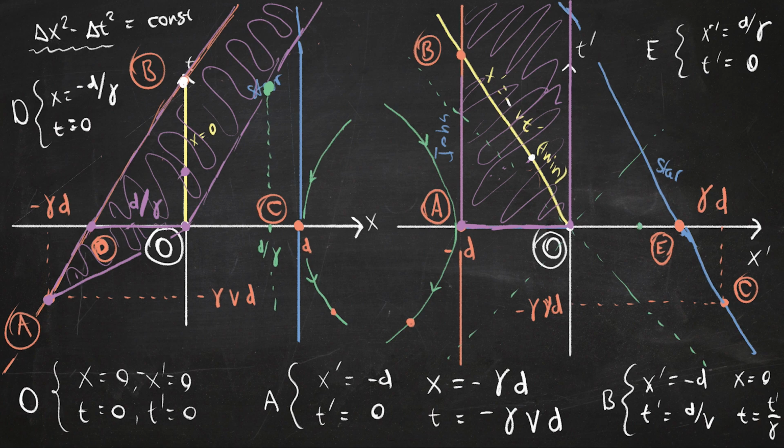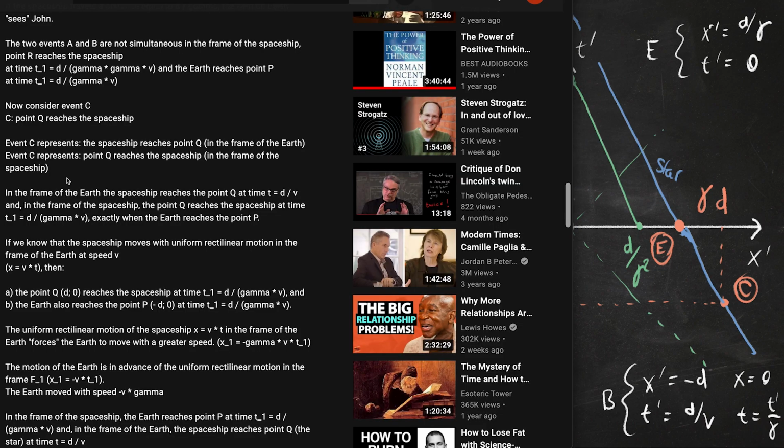So over here it's now going to be d on gamma squared, isn't it, for your dashed green line, and it's going to be moving off towards the left, kind of like this now. So that's what you're saying, isn't it? And then this is when that hits the spaceship. And then when the yellow hits the back, that's going to be the event B right there. And you can see just eyeballing it that the green is not simultaneous to the white. Yeah, certainly true, right?